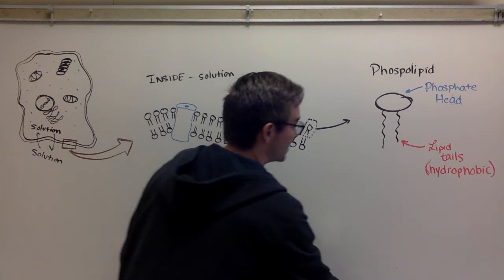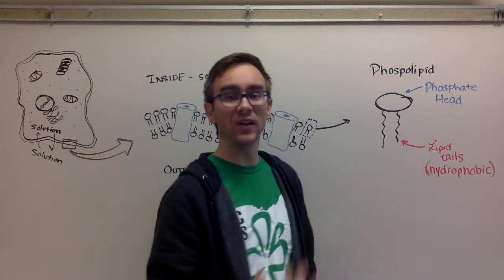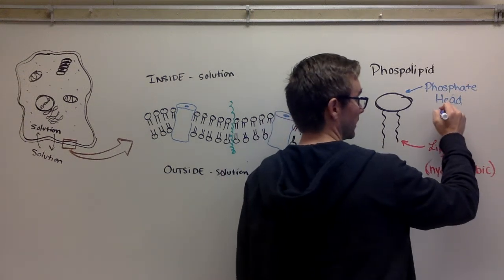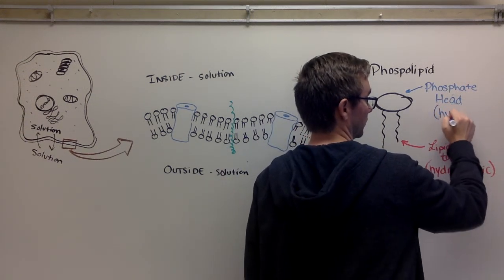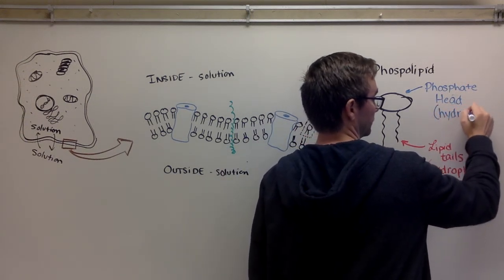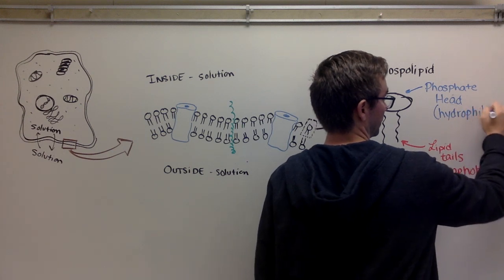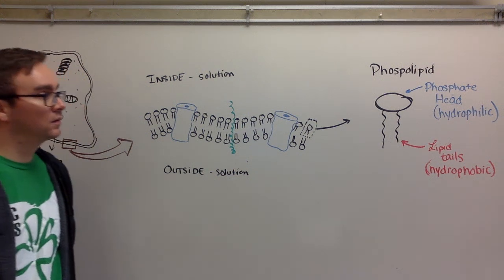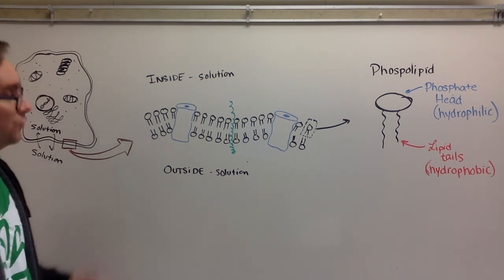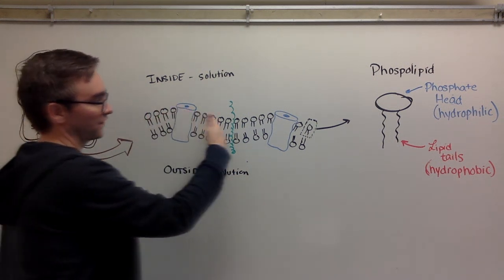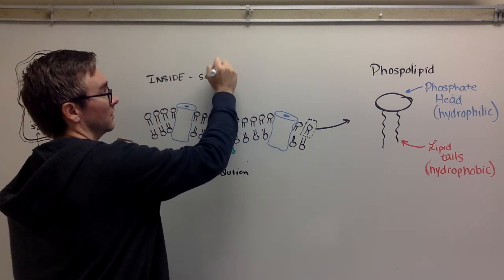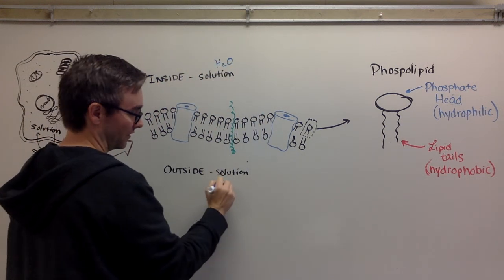And these ones here are hydrophilic. Philic meaning like. They like water. Which means, notice that all the phosphate heads are facing towards the solution. Those solutions have water in them.